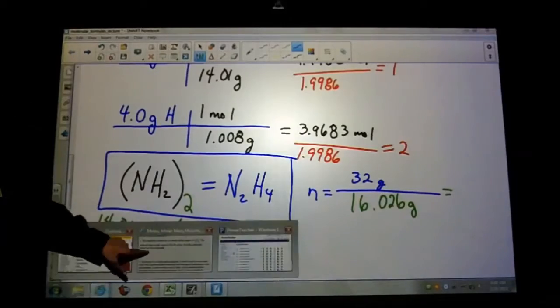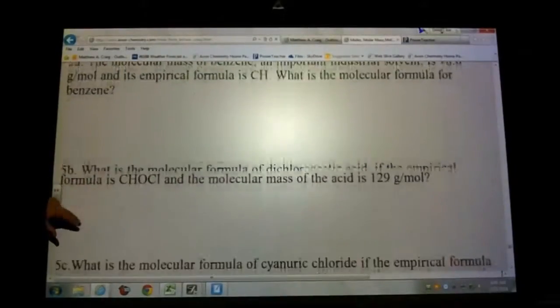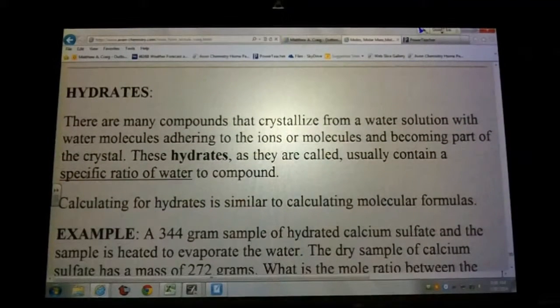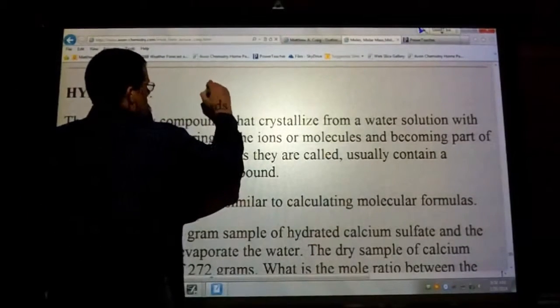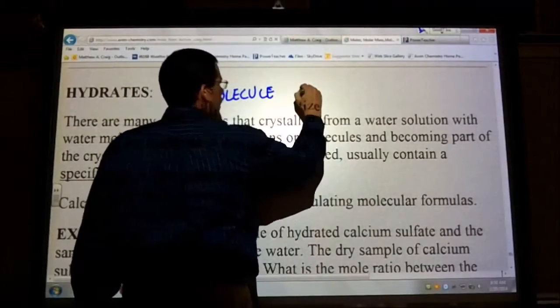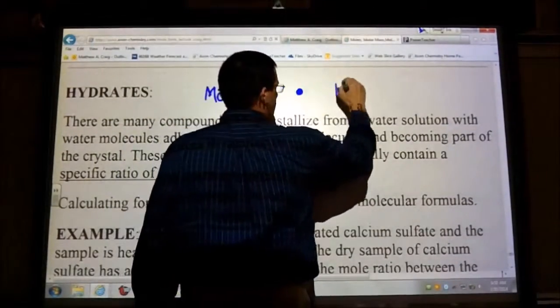All right, so let's continue on with hydrates. So the 5s are part of your homework. Hydrates. Next Tuesday, I think it is, we'll be doing a lab that is working with a hydrate. And what a hydrate is, it's some compound, some molecule that has water chemically attached to it.